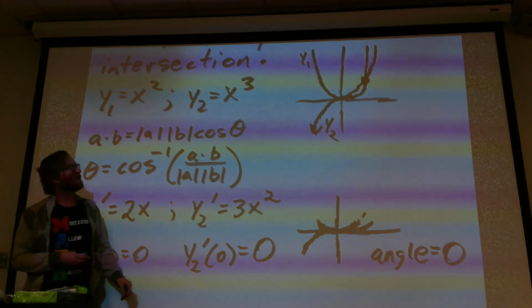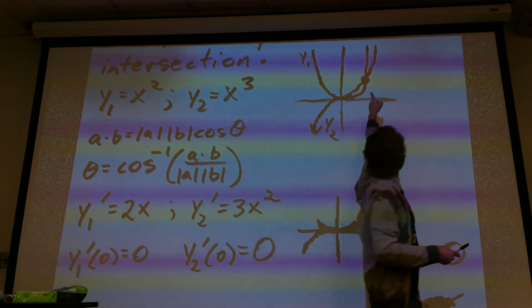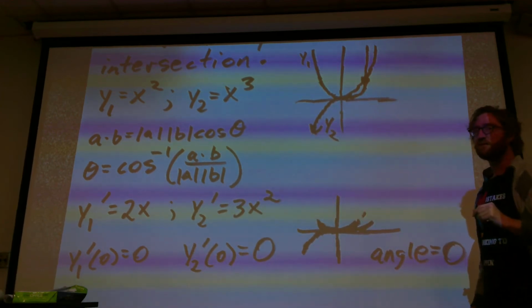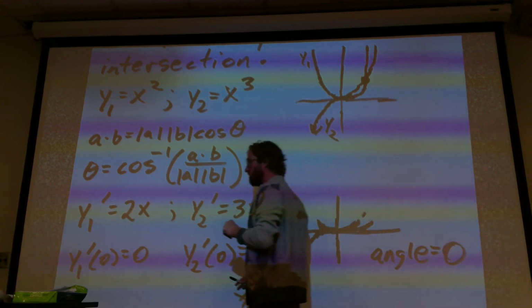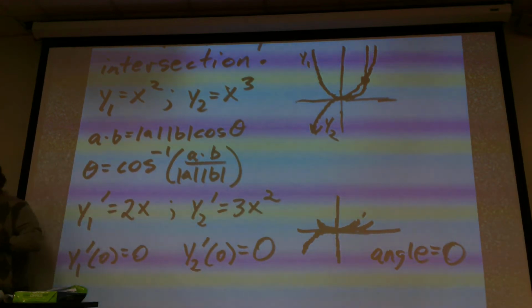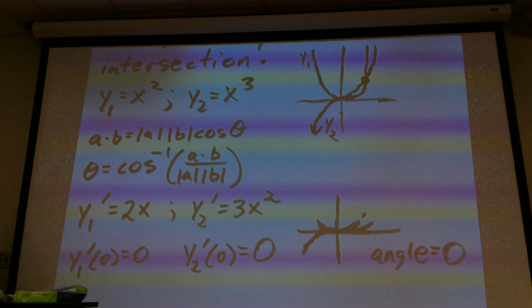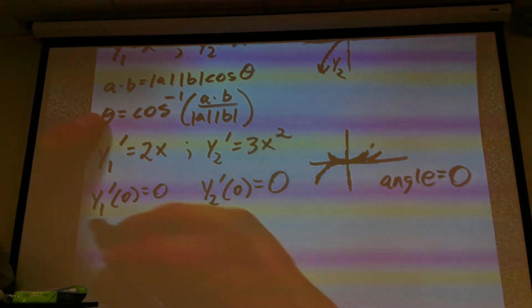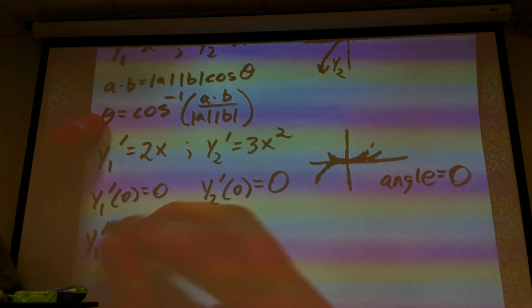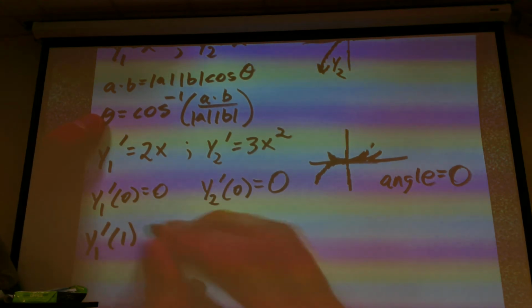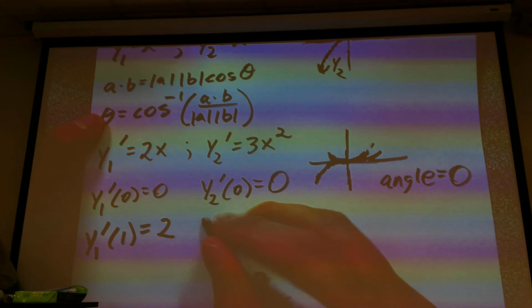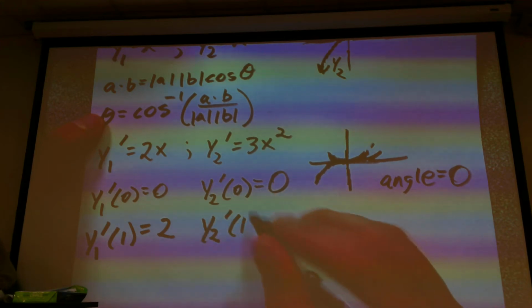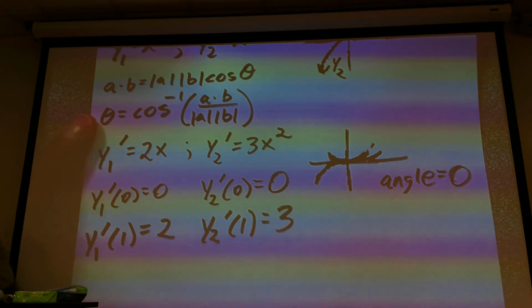But let's look at this other point up here. Okay. They're going to have different slopes at that point. Right? So now y1 prime of 1 is going to equal 2, and y2 prime of 1 is going to equal 3.